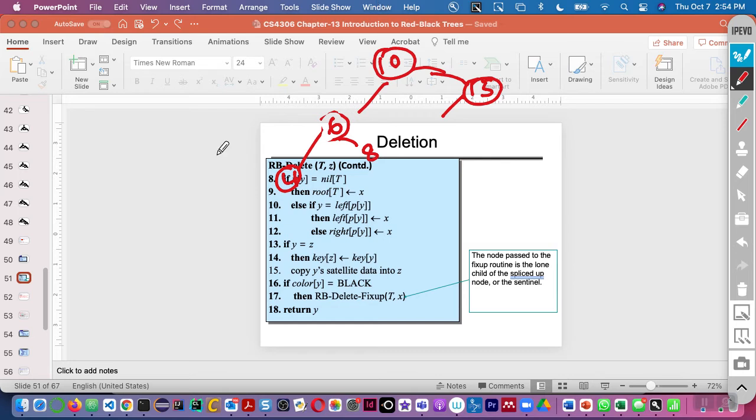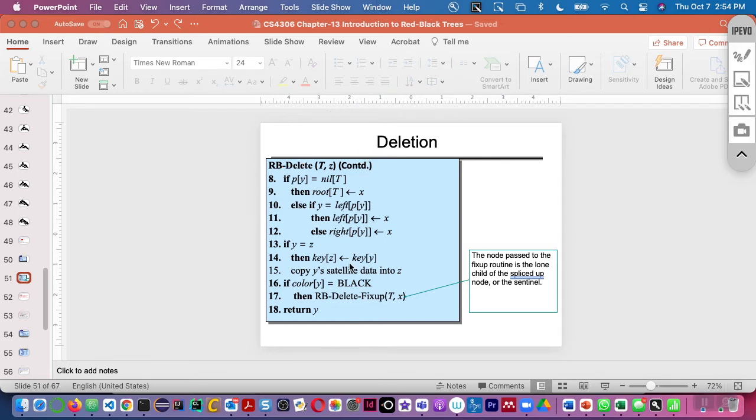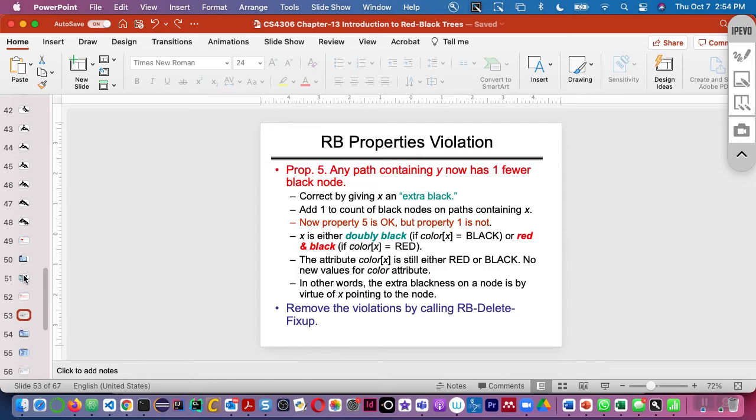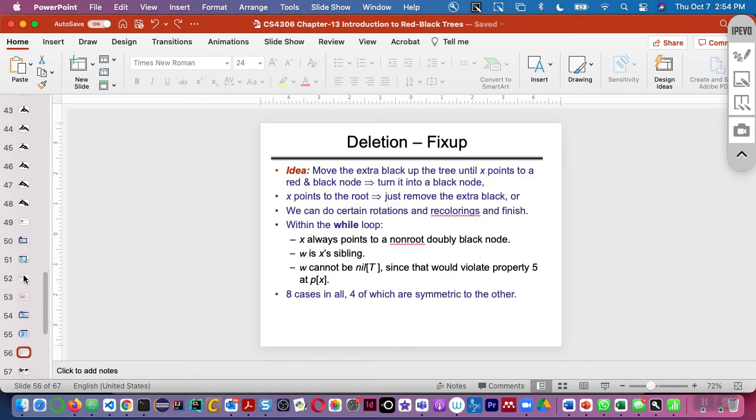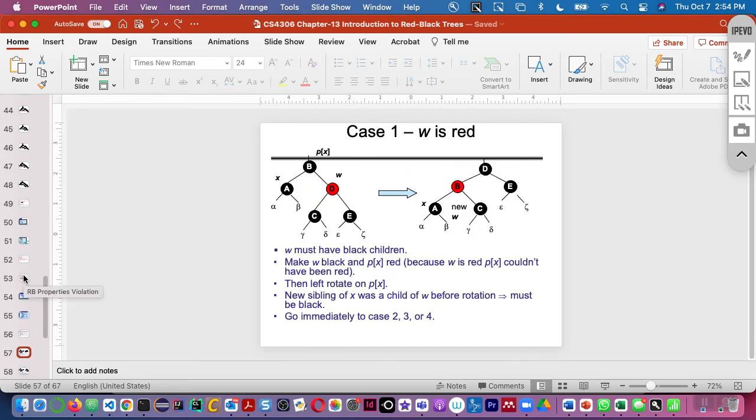Instead of drawing, let me get the book for examples and explain this, because if I draw, I have to ensure the color, right? A BST red black tree will take time. He's already drawn it. I don't like to draw, but I want to explain.